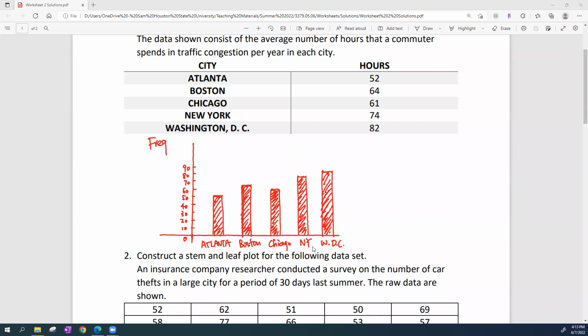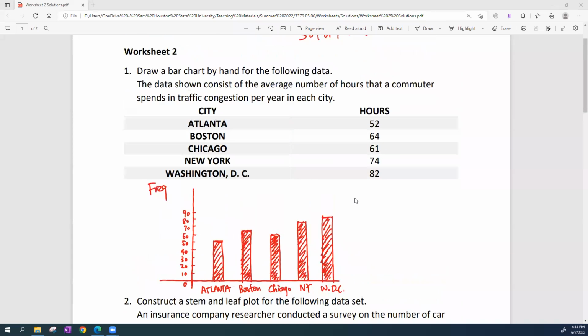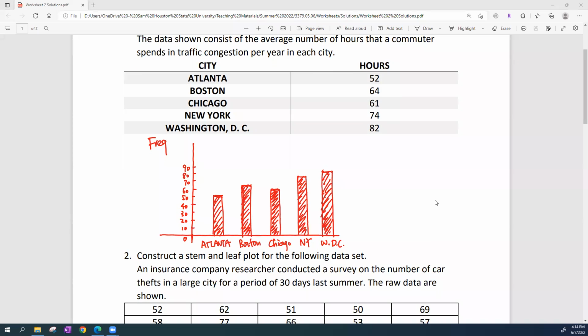Atlanta, Boston, Chicago, New York City, Washington, D.C. And then the height represents the frequencies or the hours here. So the first one is 52, so a little over 50, and then 64, 61, 74, and then 82. So that's how we draw it by hand. Again, bar chart is for qualitative variable.